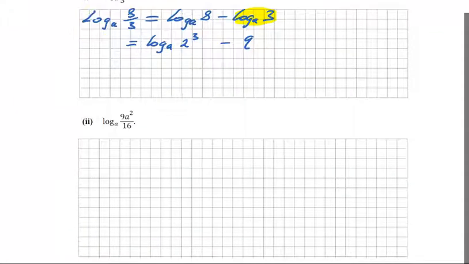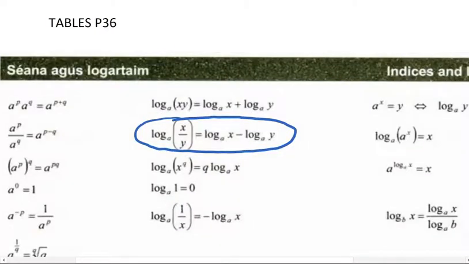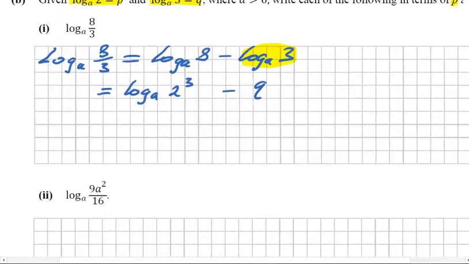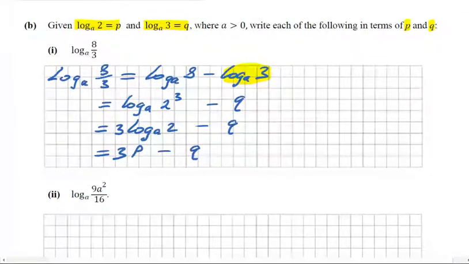The log of x to the power of q: you can see there that the q comes down in front of the log, so we can use that. So that 3 is going to come down in front. So it's 3 times the log to the base A of 2 minus q. And now we have what we want, because the log to the base A of 2 is actually p. So the answer is 3p minus q. And that's part I done.